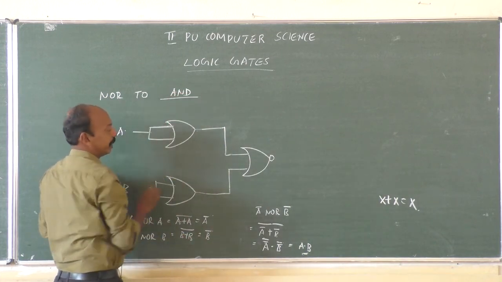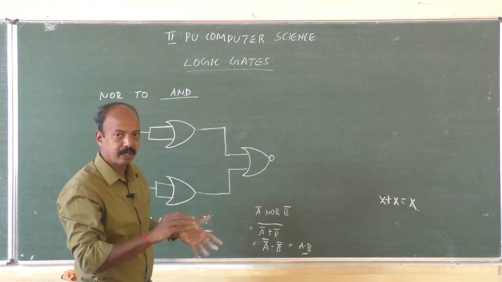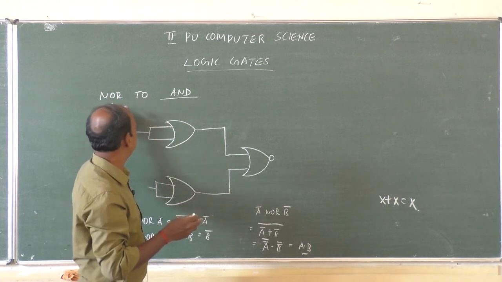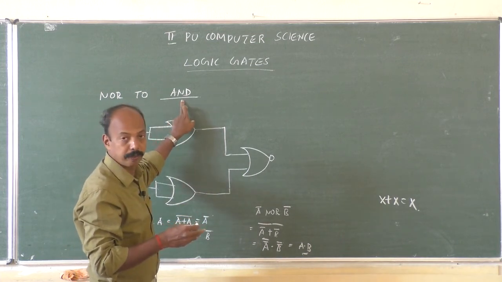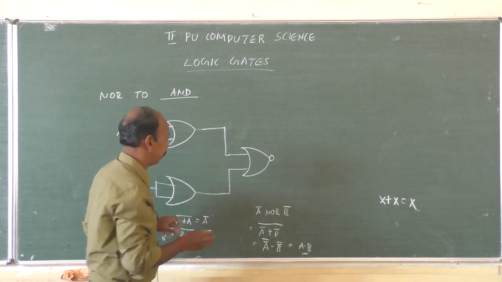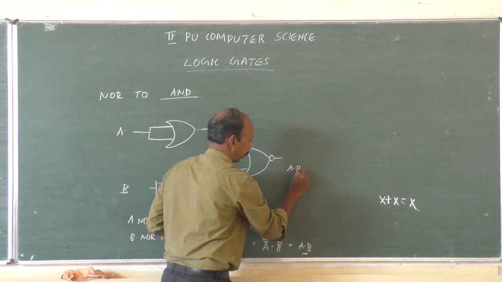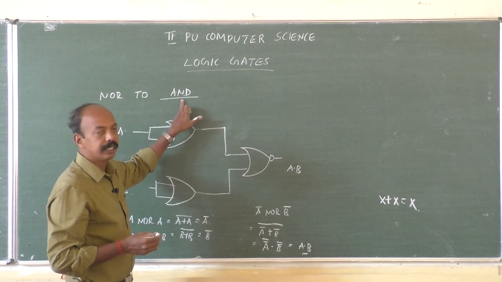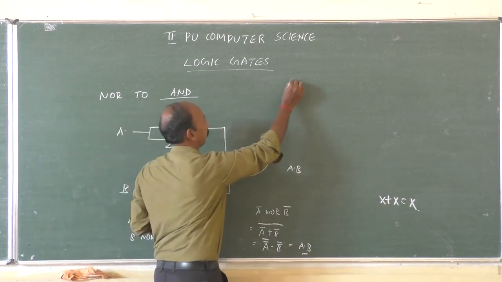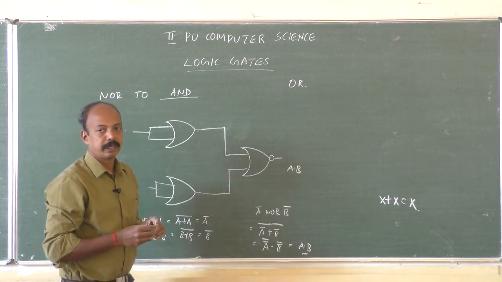In that case, when we use this particular type of diagram, replacing NOR with NAND, we had NAND to OR, isn't it? Remember that. So this will be A dot B. Now remaining is OR. Remaining is OR. We shall derive that.